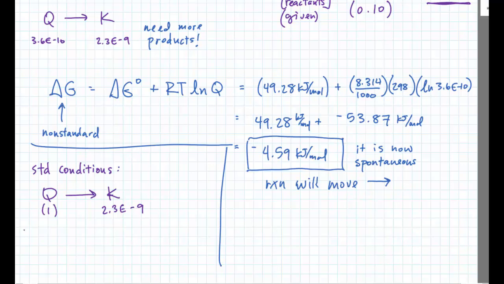Okay? On our non-standard conditions, so let's say here we need more reactants.